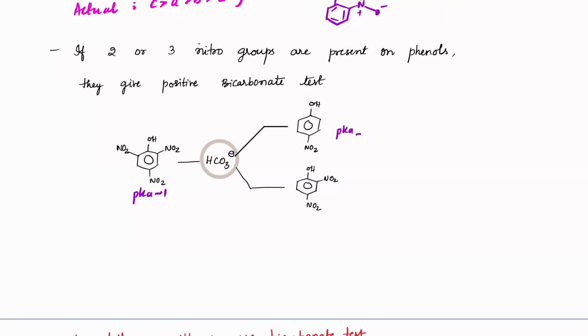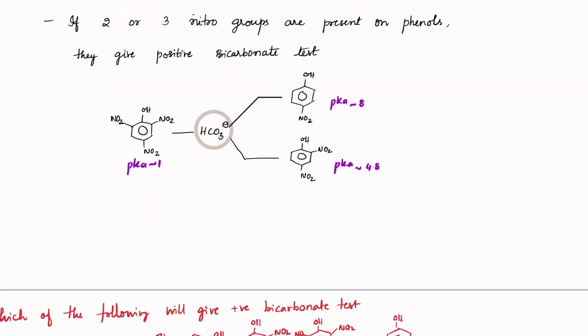This pK value is around 8. The minute you have two NO2 groups, that goes to around 4.8. So you can clearly notice that with two NO2 groups, the pK value changes drastically.